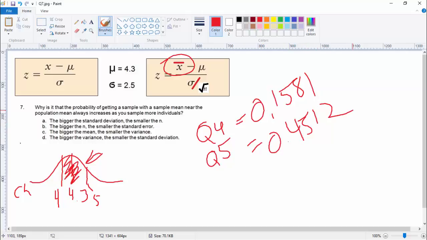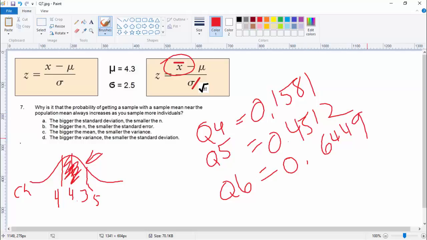So if you grab 9 people, the probability that their X bar is between 4 and 5 goes way up. And it goes up again if you get 25 people, which we did in question 6, and that's 0.6449. Why does it keep going up?